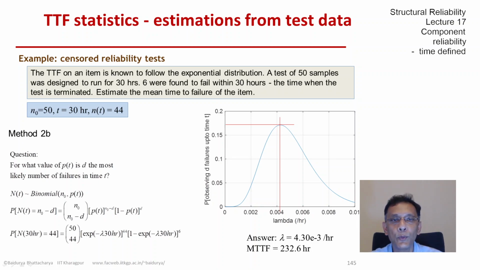So this is another way of estimating the mean time to failure from a censored test with a known distribution for the time to failure.